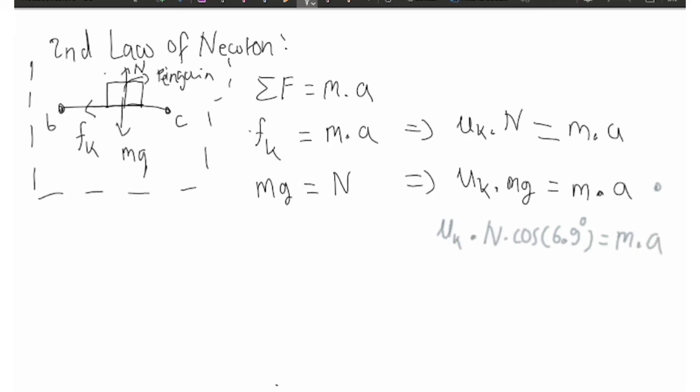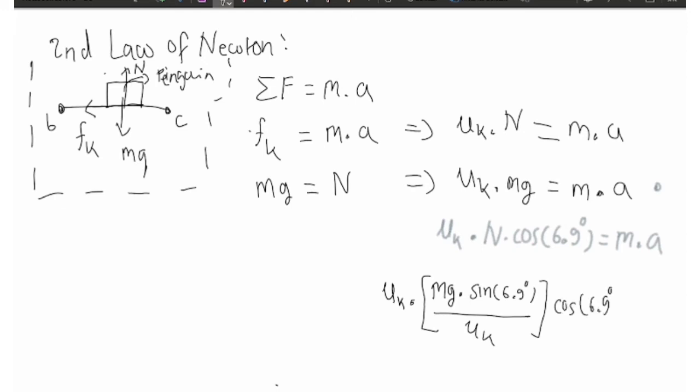And based on the first equation, we have mu k times the normal force, which we substitute with mg times sine of 6.9 degrees divided by mu k times cosine of 6.9 degrees, equals m times a.